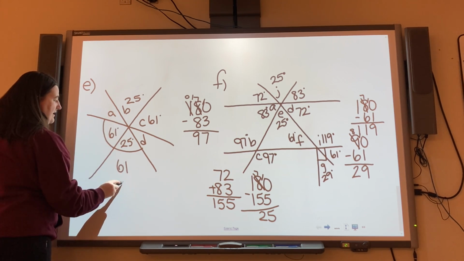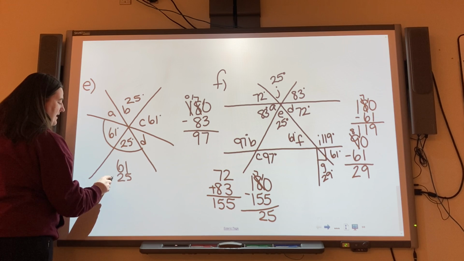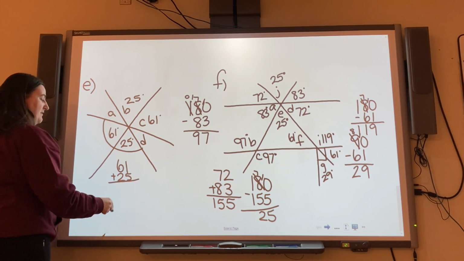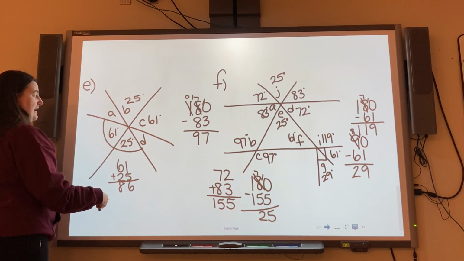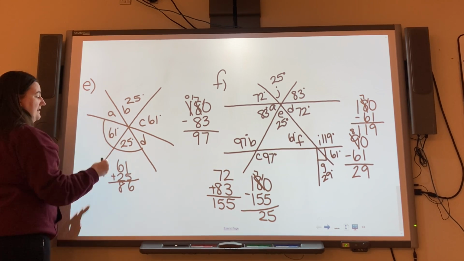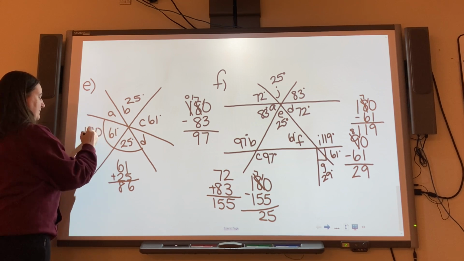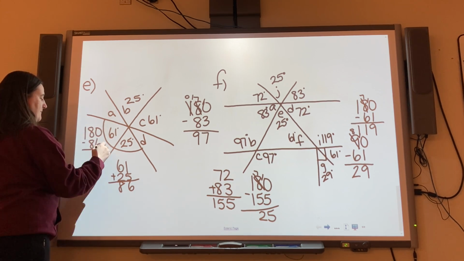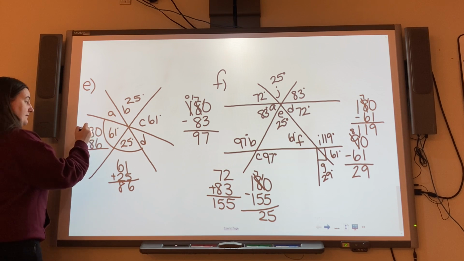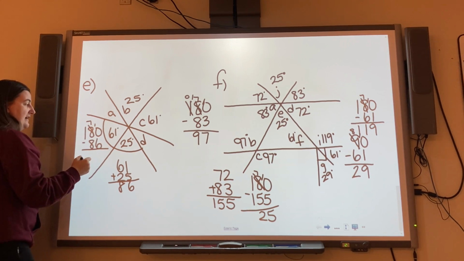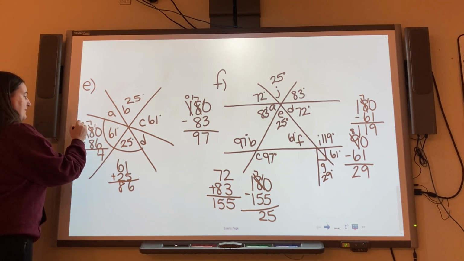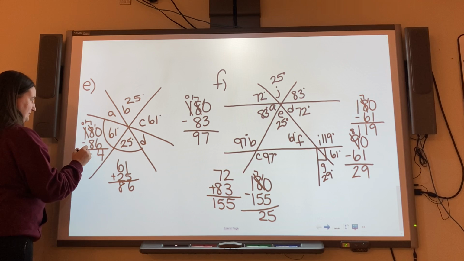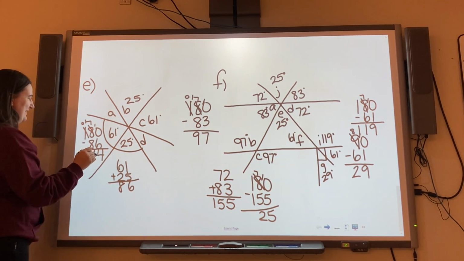So 61 and 25, add them up. 5 plus 1 is 6, 6 plus 2 is 8. So I've got 86, and I minus from 180 to find the missing angle. I need to borrow. 10 minus 6 is 4, 7 minus 8, can't do that. 17 minus 8 is 9, sorry.